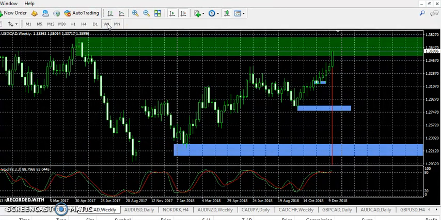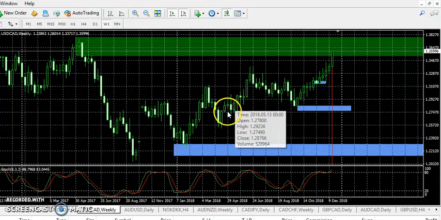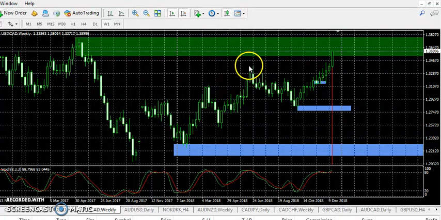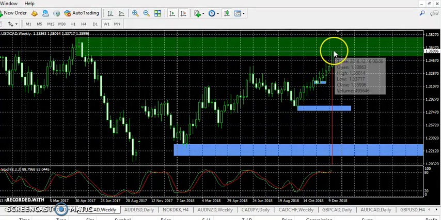look at the weekly. So we can see that we have a weekly uptrend here for USD CAD. We can see that we had a structural retest of this demand here that forced these highs to be broken here, and now the highs were broken here.